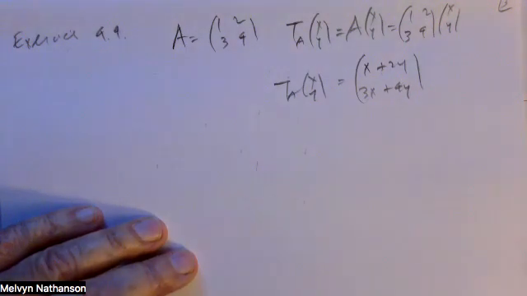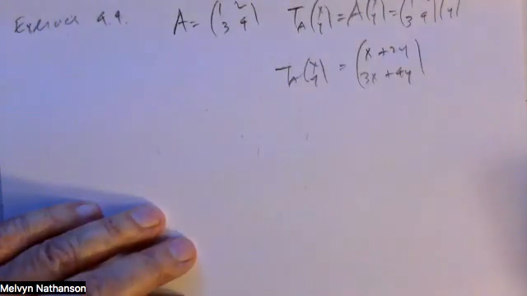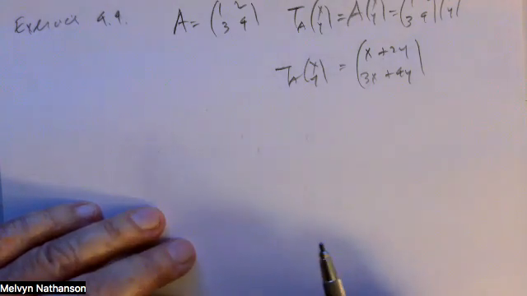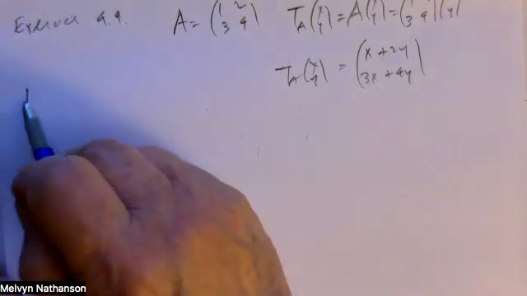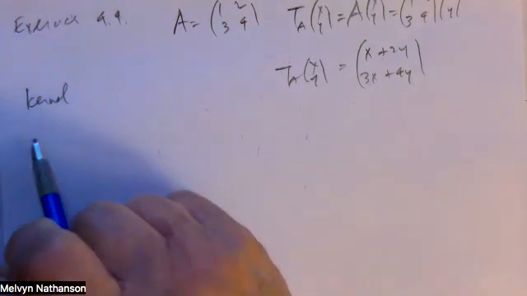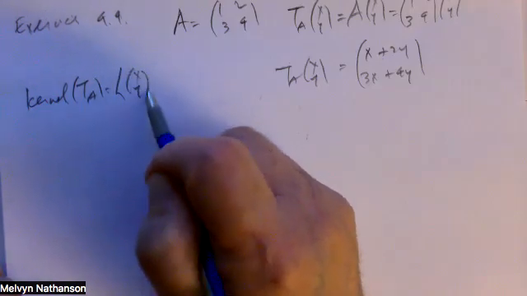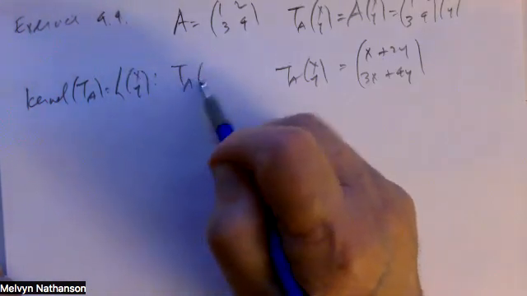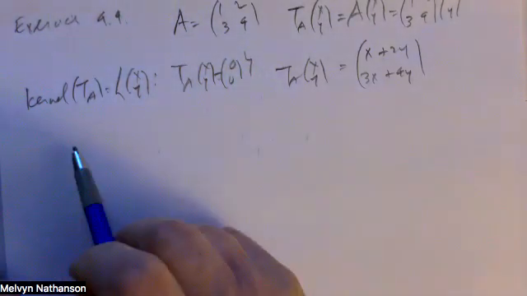Okay. So that's the linear transformation, and we want to compute the kernel, the nullity, the image, and the rank. So the kernel of this is all vectors x, y such that T_A of (x, y) is the zero vector.